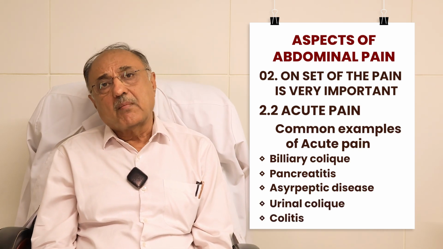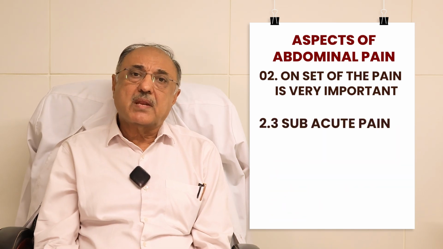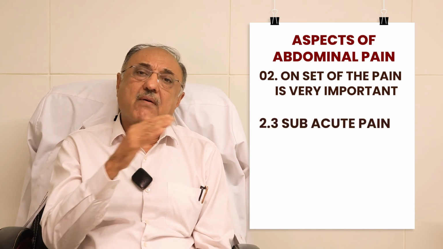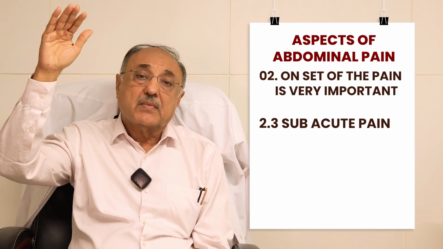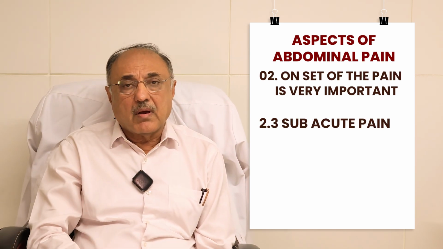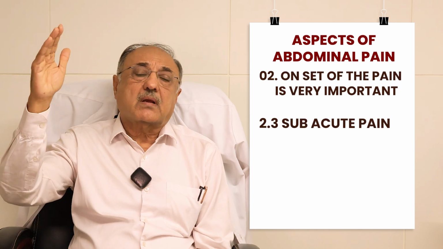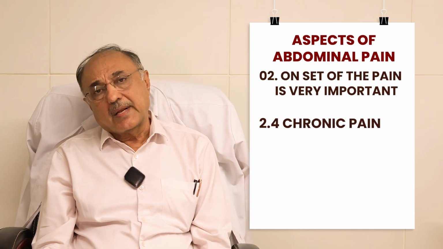Subacute pain is that it takes several hours or a day or so before the pain reaches the plateau and may subside on its own, come up again, or if you treat it accordingly, it may disappear altogether. So that is your chronic pain. So these are two very important aspects that we have taken note of in any investigation of acute abdominal pain.